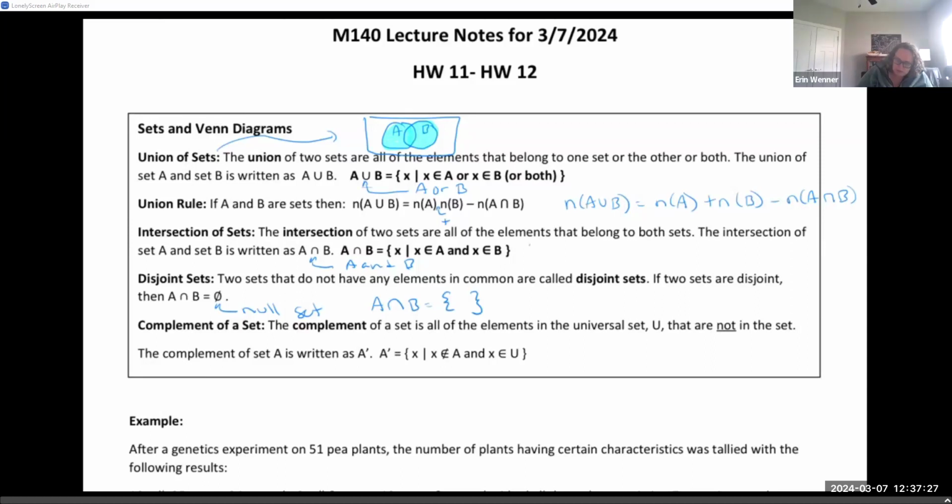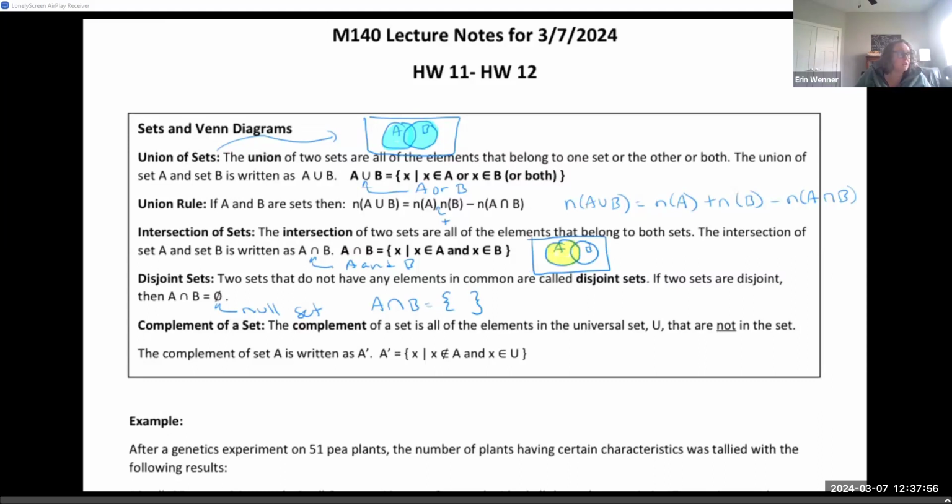Well, the intersection is where we would think about two colors overlapping. So I know these are really small. If I have A and B, let's say I color A in yellow and I color B in blue.